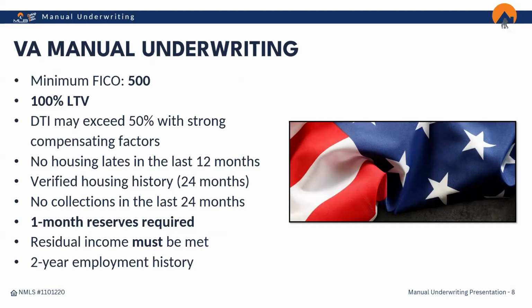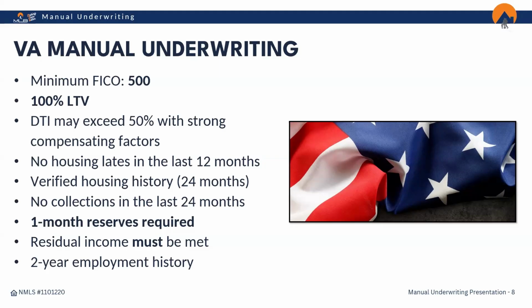VA focuses less on the rigid ratio limits, and they focus more on residual income and financial stability. Great thing here is that for your veterans that are eligible, they can actually get a full 100% LTV still. So 100% LTV is still acceptable as long as they have their full VA eligibility.